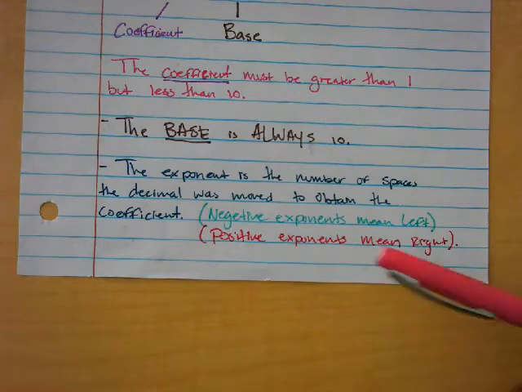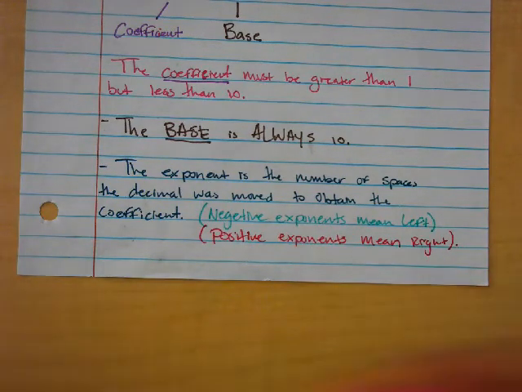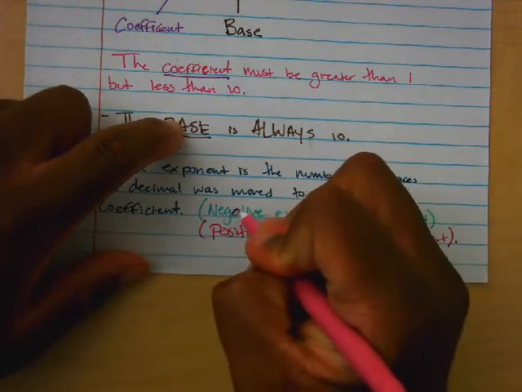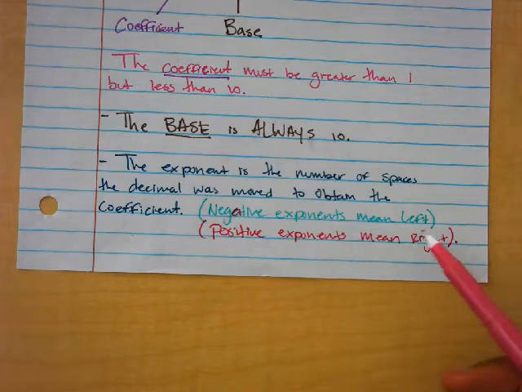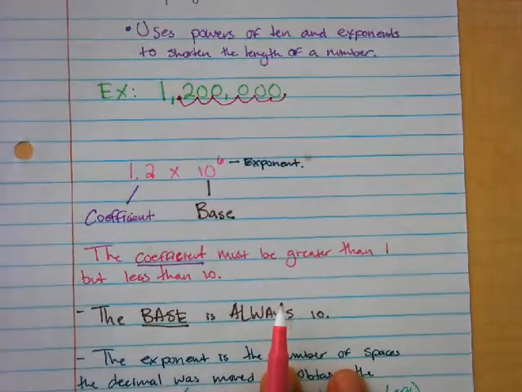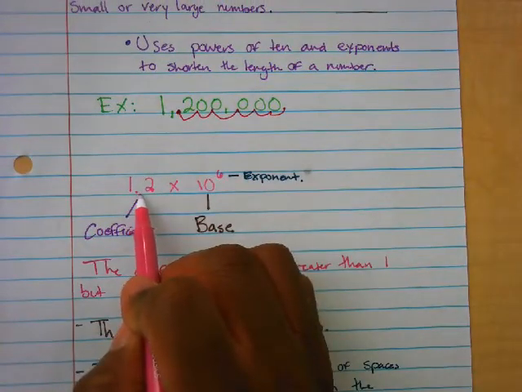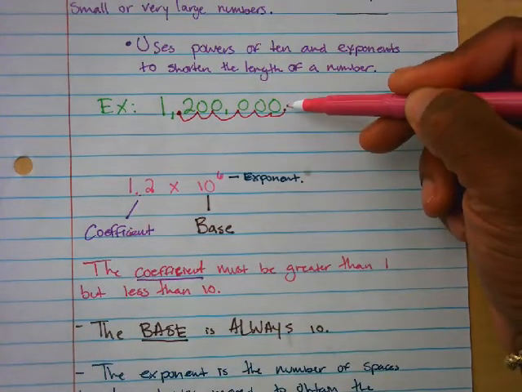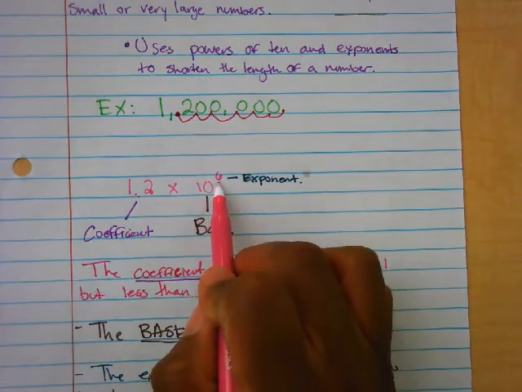Okay, and so a negative exponent means we move to the left. A positive exponent means we move to the right. What I mean by that is, if I wanted to take this 1.2 and make it 1,200,000 again, then I would just move 6 spaces to the right.